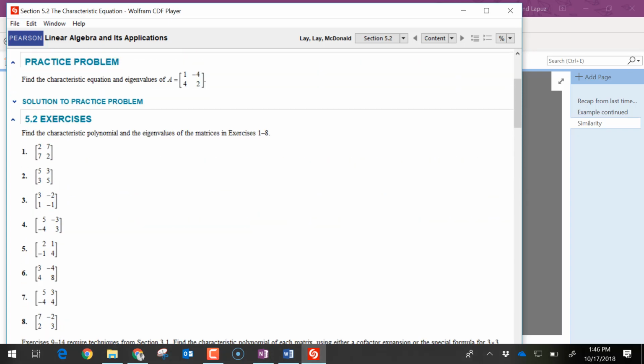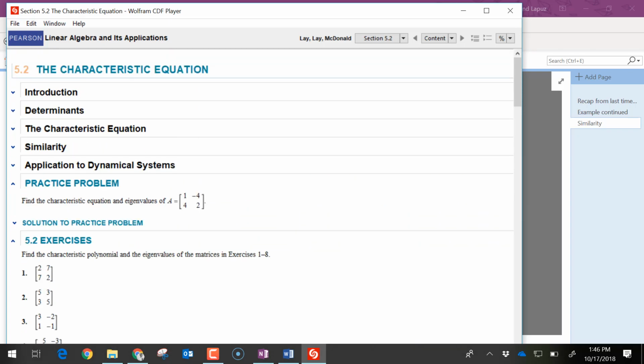Okay, well, here's the thing: this leads up to the next section, and the next section focuses on the idea of what kind of similar matrix you would want to compare to a matrix A. Say you're given a random matrix A, what kind of similar matrix would you like B to be so that you can compare it to A?